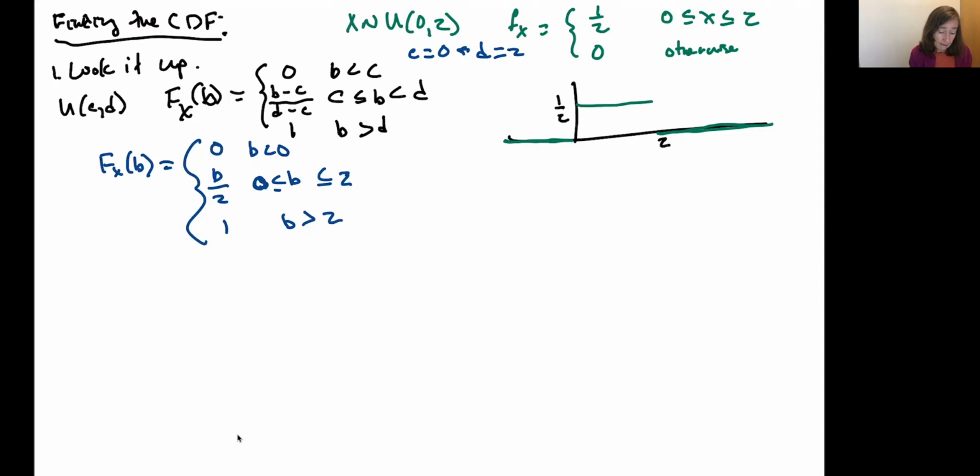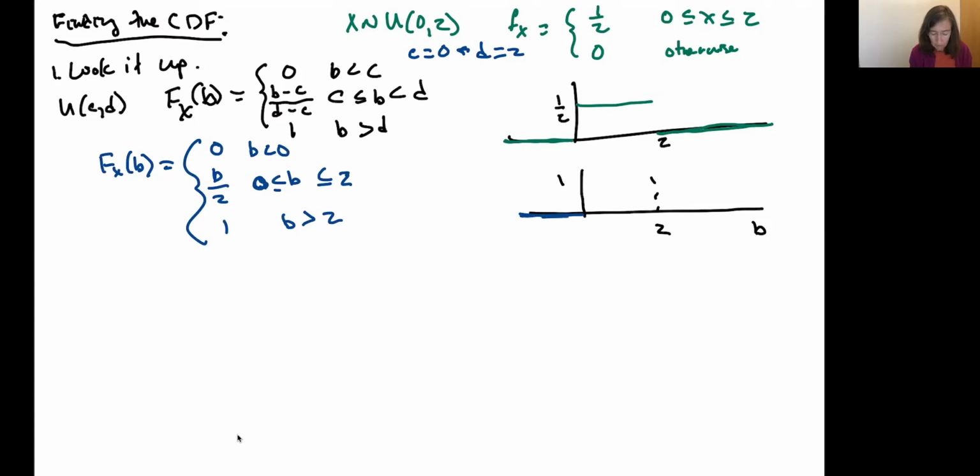Okay, so we would have the CDF, so I'll do it in blue here, is 0 for b less than 0. So I've got my b here now on the x-axis.